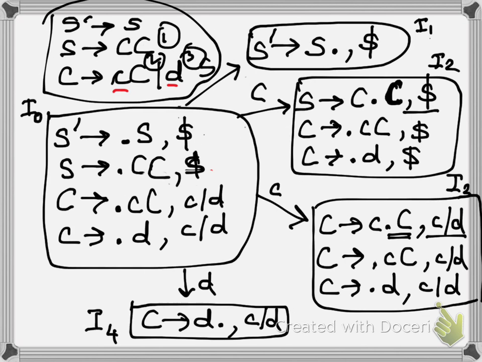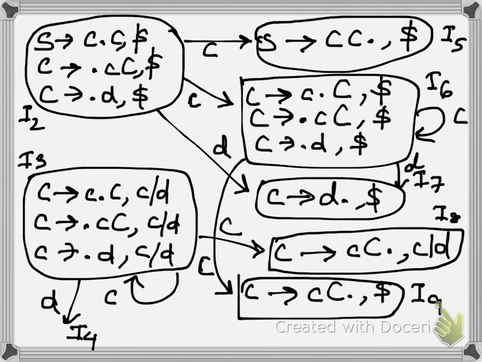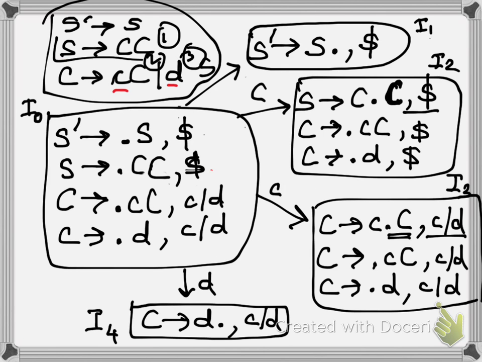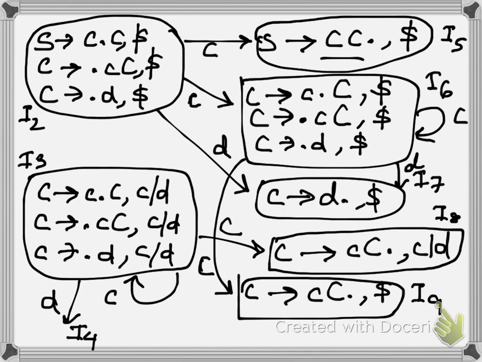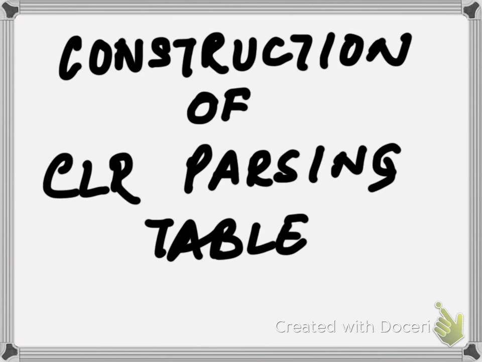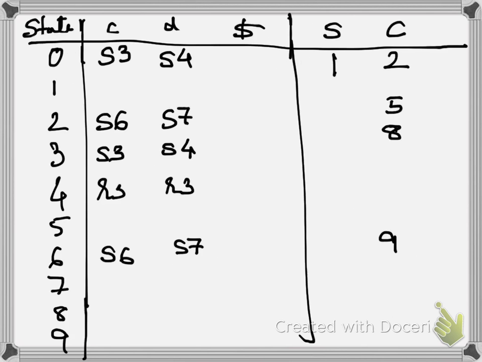Same way, this is one final item. Then next I have a final item here. This is production number 1 according to our naming. So state 5 would be reduce 1 only under the dollar column.